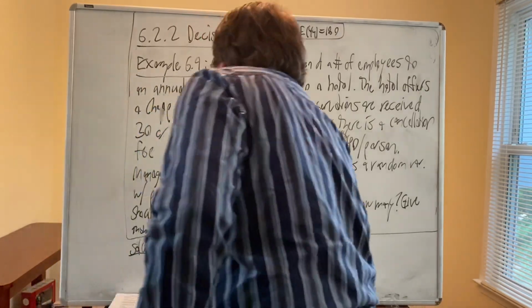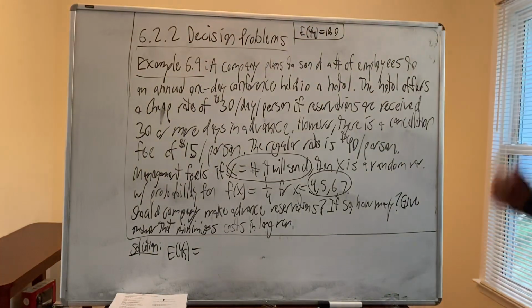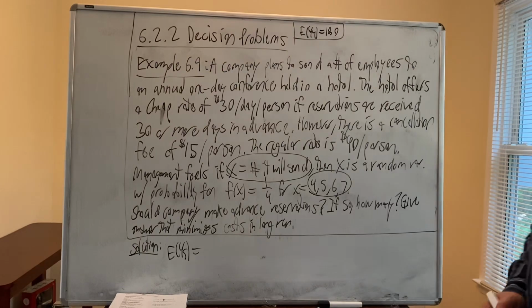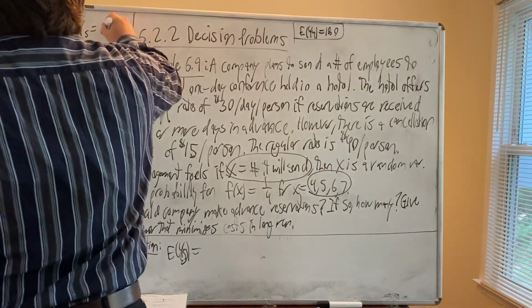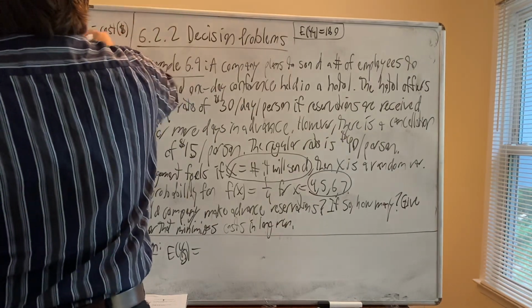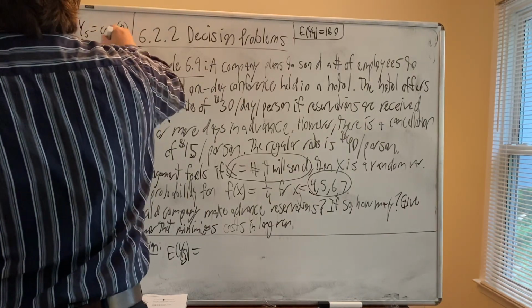So E of y sub 5 is the expected value of the cost of the company if they make 5 reservations. Y sub 5 is the cost in dollars for the company if they make 5 reservations.